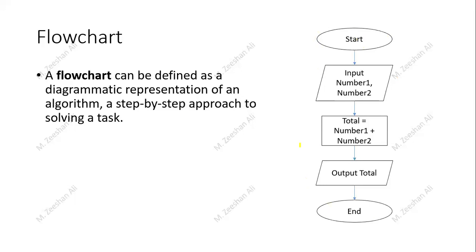Do not confuse top-down design or a structure diagram with a flowchart, because the flowchart gives you the step-by-step solution of a problem, whereas the structure diagram tells us what the subsystems of a main computer system are. They are different from one another. So let's move further.